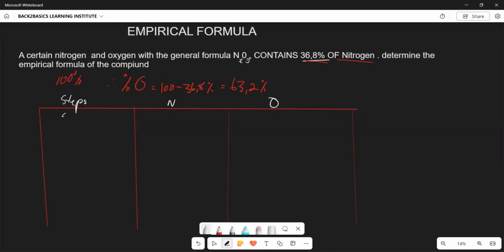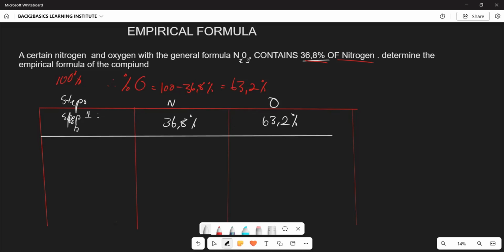So the first thing, your step one, you are going to present this in terms of percentage. It is going to be the percentage of elements. What is the percentage of nitrogen? It is 36.8%. And what is your oxygen? We've already calculated it, so it's 63.2%, right? So that is going to be your first step.